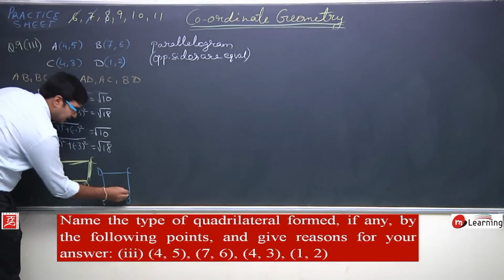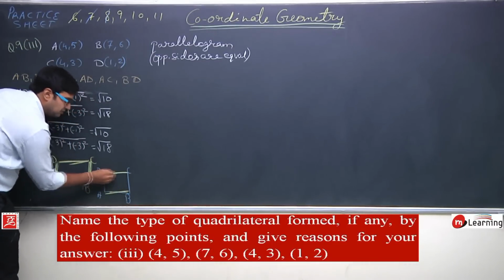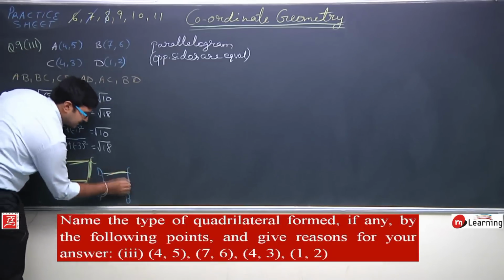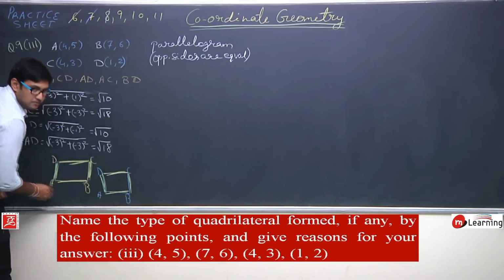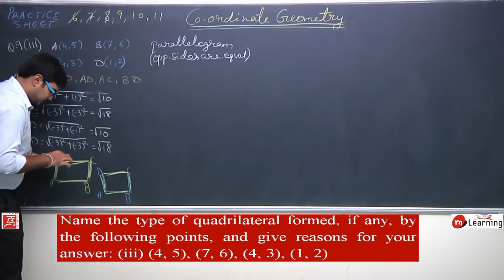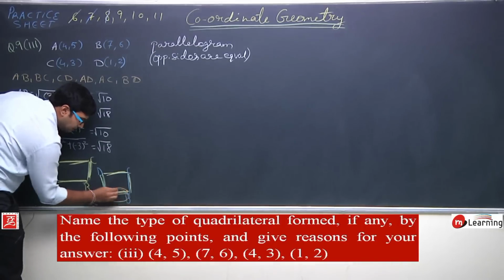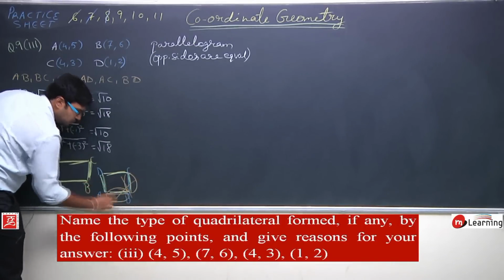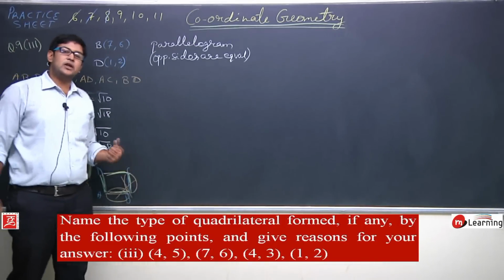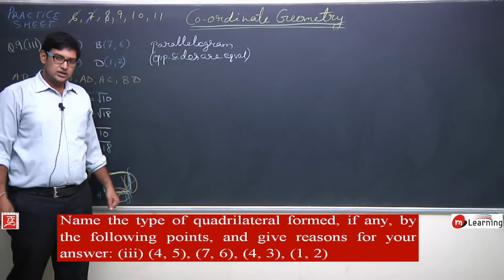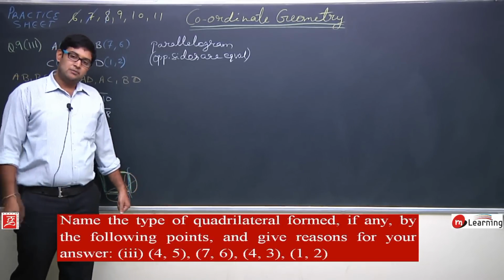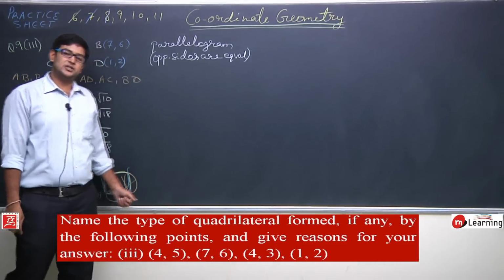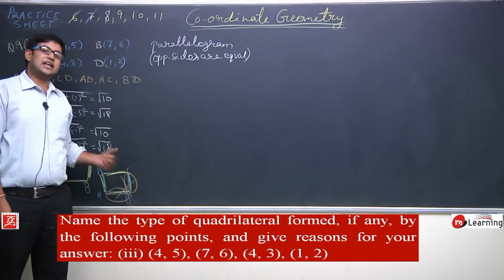That is, this AB will be equal to CD and this BC will be equal to AD, but this AB will not be equal to BC. Okay, then it can be a rectangle, but there is a special condition for this parallelogram to become a rectangle.